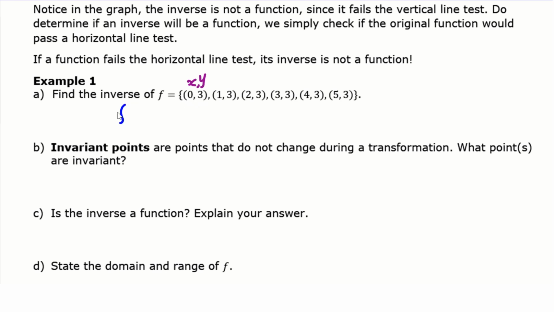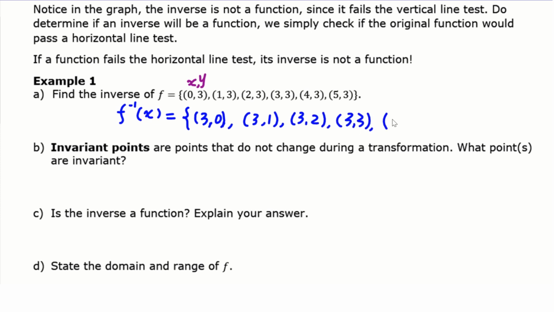So the inverse of the function equals, we just flip them: 3, 0; 3, 1; 3, 2; 3, 3; 4, 3; 5, 3. So this is the inverse of this function.